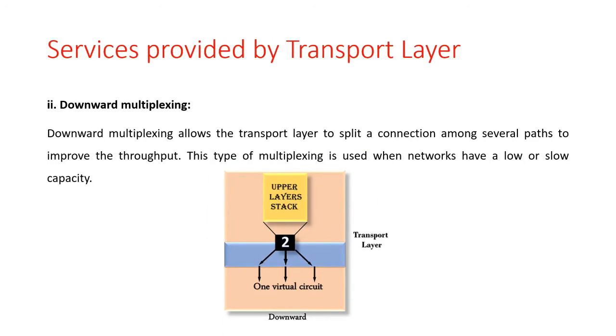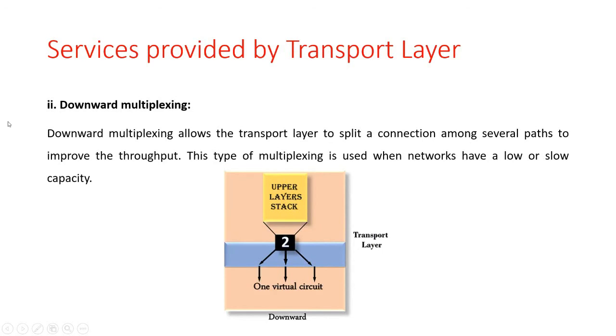The second type of multiplexing is downward multiplexing. Downward multiplexing means one transport layer connection uses multiple network connections, opposite to upward multiplexing.